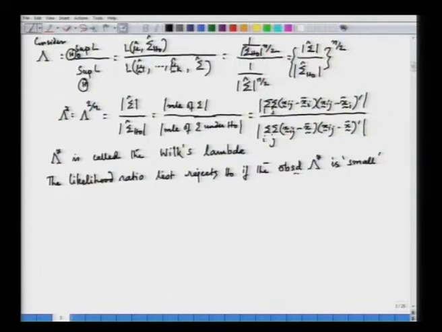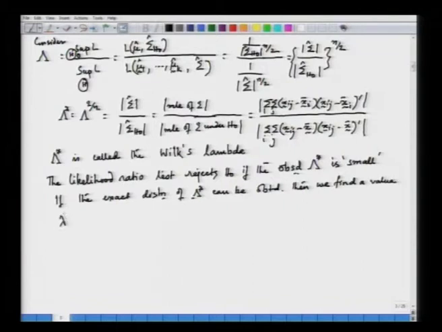Now, we can find the exact distribution. If the exact distribution of lambda star can be obtained, then we might as well find a value, say small lambda star with a second subscript alpha, such that we are considering the rejection region, that is lambda star is less than this value.